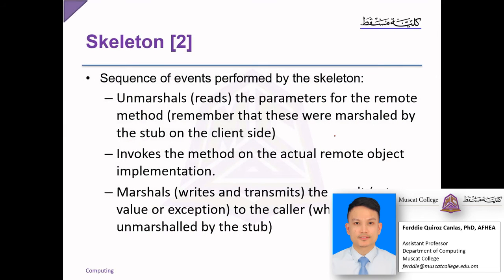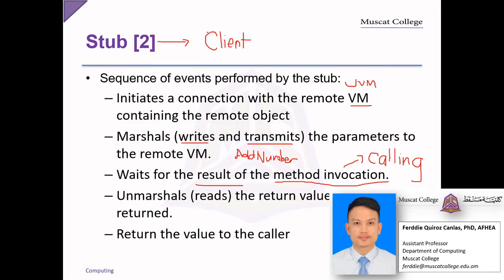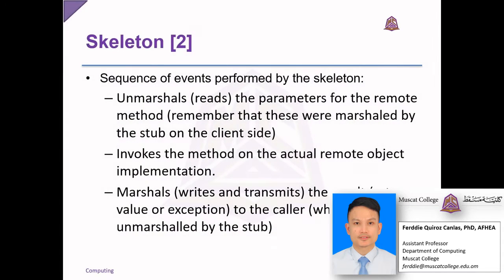Skeleton. If you will see, it's reverse, right? Have you noticed the process is reverse? In the stub, it does the marshals and then unmarshals. You have to remember, marshalling means write and transmit, and unmarshalling means read. In the process of the server, it's reverse.